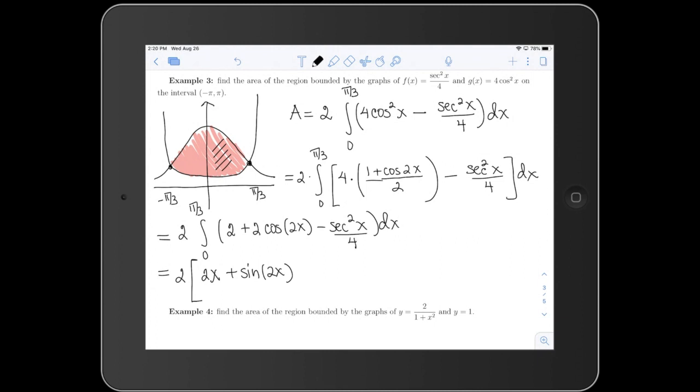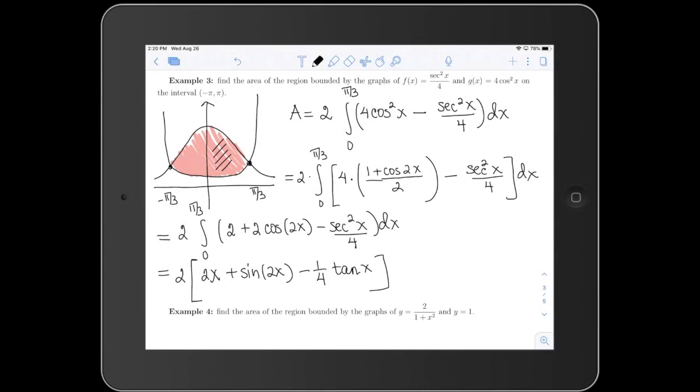What is the antiderivative of secant squared? So here I'm asking. Anyone remembers? Secant squared. Tangent it is. Very nice. Minus a quarter tangent x. This is one of the standard formulas that we should know.